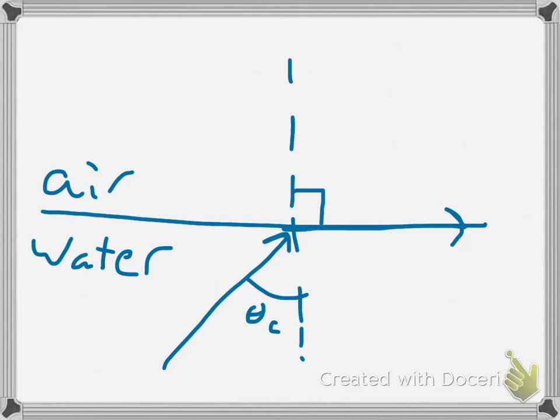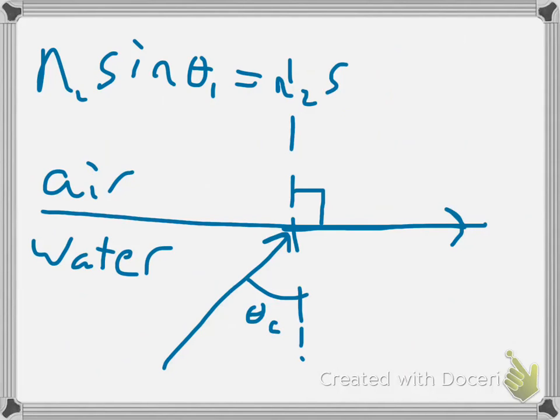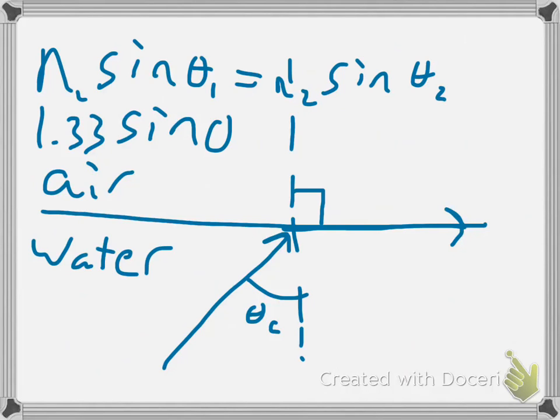Since it's incident in the water, that becomes our N1. We still use Snell's law. Now we know that this is water, 1.33 sine of the critical angle, because that's where we're coming from, equals N2, which is air, sine of 90, because this angle here to the normal to the light ray is 90 degrees, and you can solve for that critical angle.